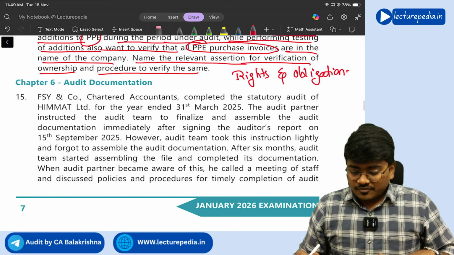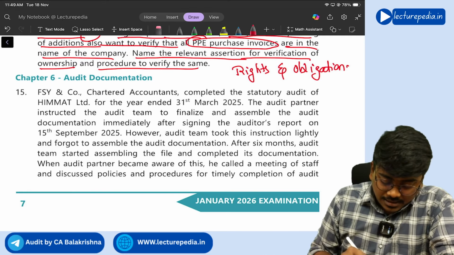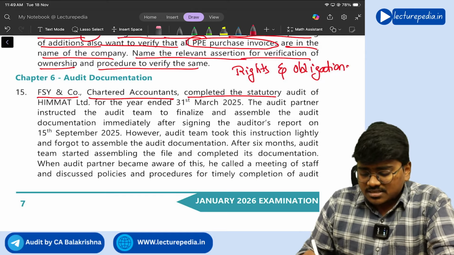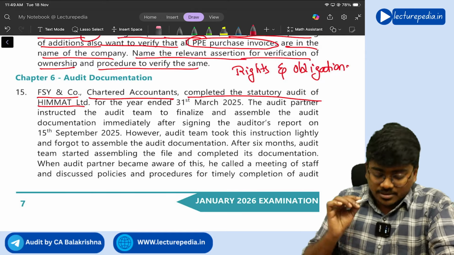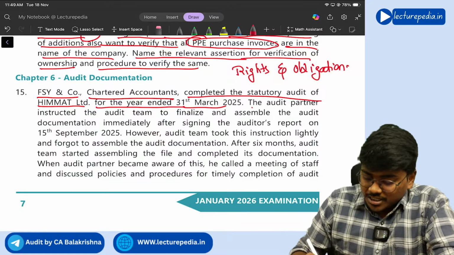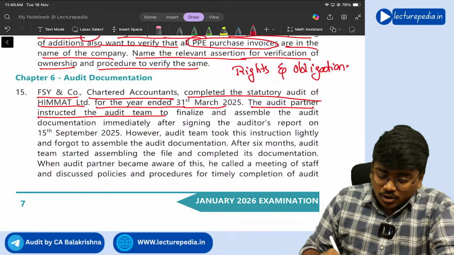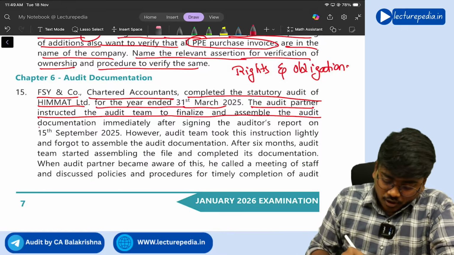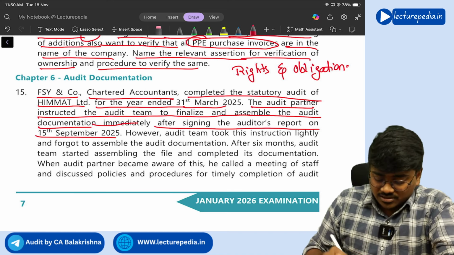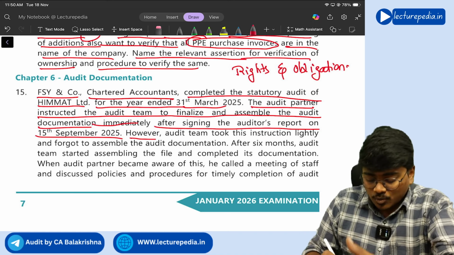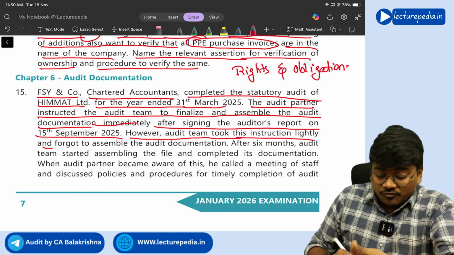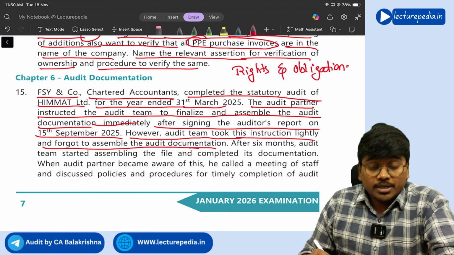Next question number 15. FSY and Co Chartered Accountants completed the statutory audit of Himmat Limited for the year ended 31st March 2025. The audit partner instructed the audit team to finalize and assemble the audit documentation immediately after signing the auditor's report on 15th September 2025. However, audit team took this instruction lightly and forgot to assemble the audit documentation.